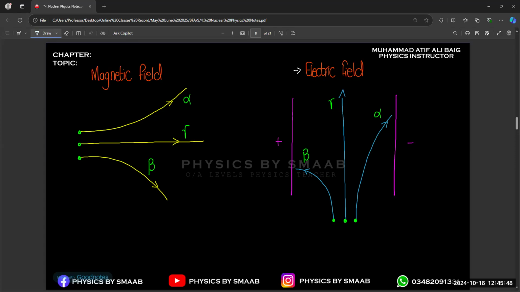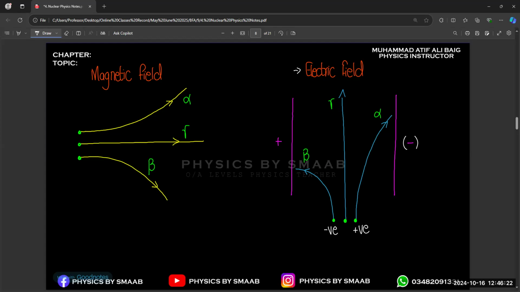We know beta is negatively charged and alpha is positively charged, and opposite charges attract each other, just like a magnet: north attracts south and north repels north. Same charges repel, unlike charges attract. So alpha bends towards the negative plate, because alpha is positive.